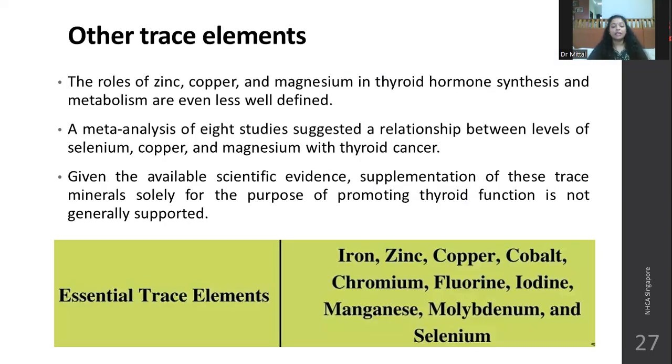Other trace elements associated with thyroid health are zinc, copper, and magnesium, which can help in thyroid hormone synthesis and metabolism. There is a meta-analysis of 8 studies, meaning a huge amount of data was studied, which suggested a relationship between levels of selenium, copper, and magnesium with thyroid cancer.